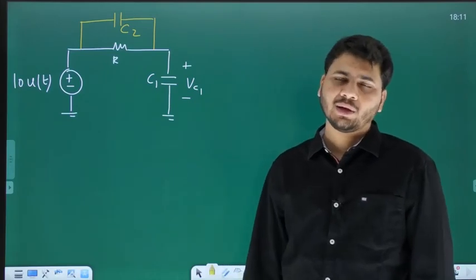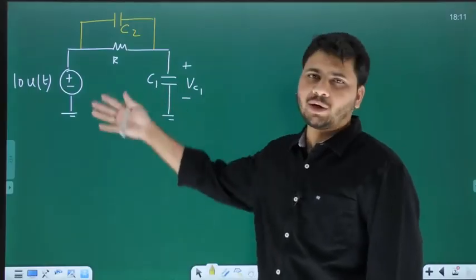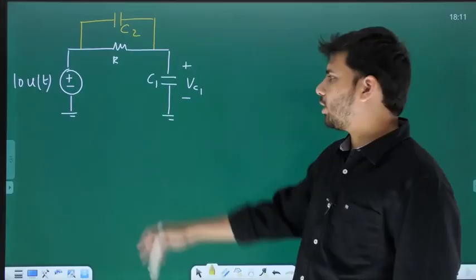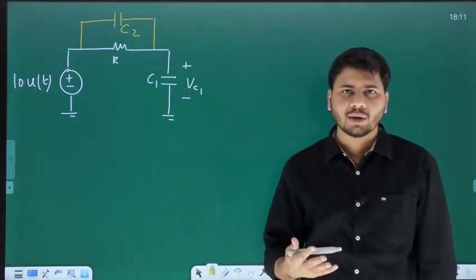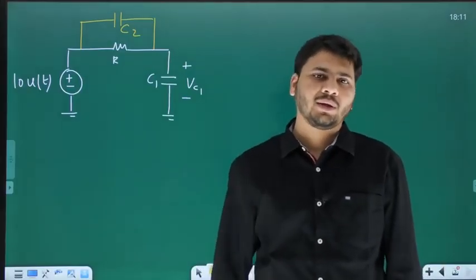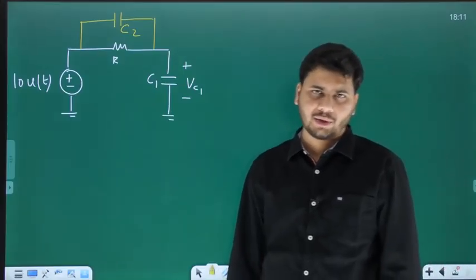So is it going to be a first order circuit or a second order circuit? In fact, how do you determine if it's a first order circuit or a second order circuit? You have to make the sources 0. Then you try to simplify the circuit as much as you can. Then in the simplified circuit, you count the number of energy storage elements. That will be the order of the circuit.